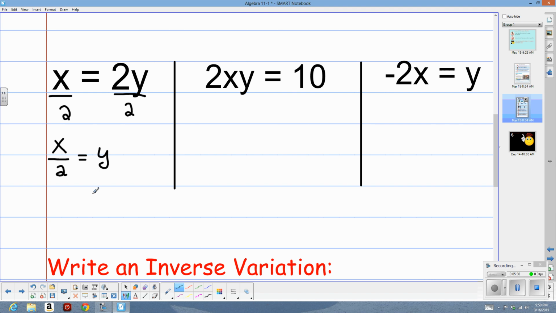Now I could write this another way, as 1/2 x equals y, which is a direct variation. y equals kx. So I would say this one is direct variation.